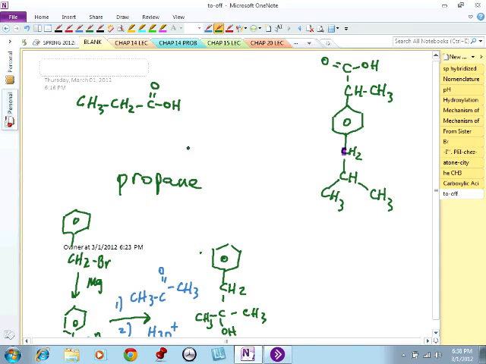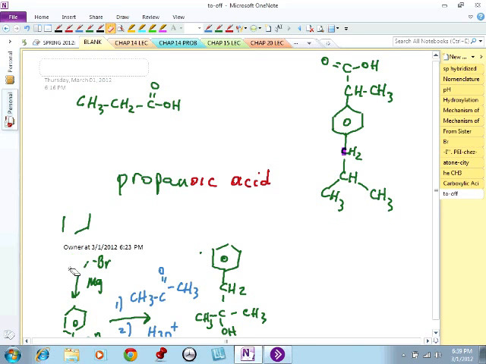So to name the carboxylic acid, you remove the E ending of the corresponding alkane name and replace it with the suffix -oic. Then you add the word acid as a separate word. So this becomes propanoic acid.